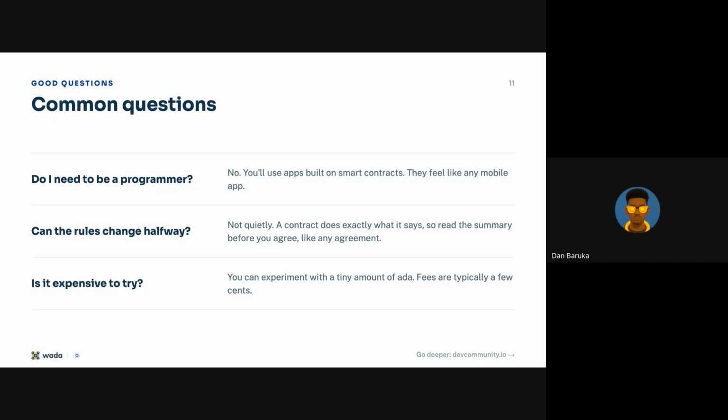For example, when can we stop this contract?